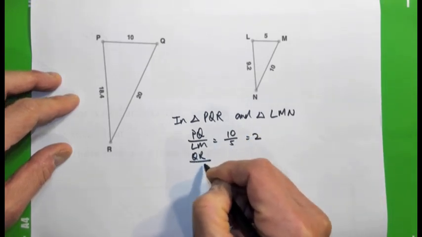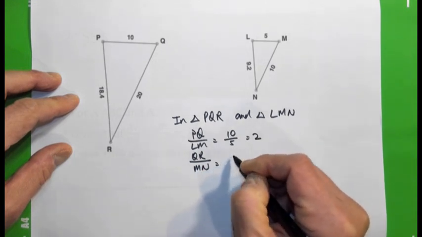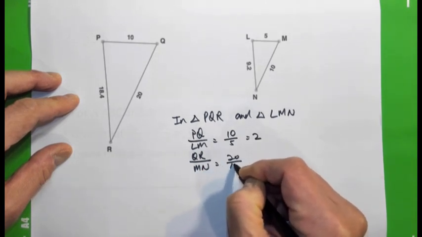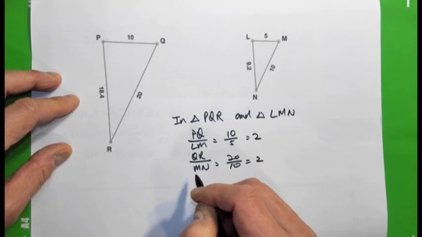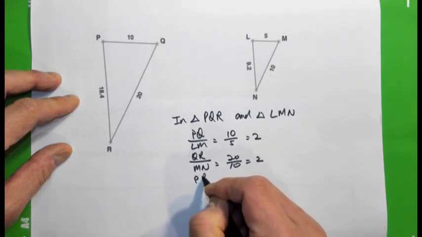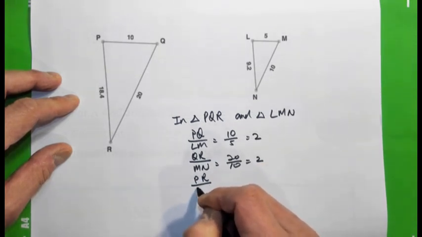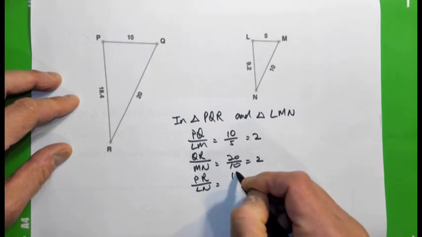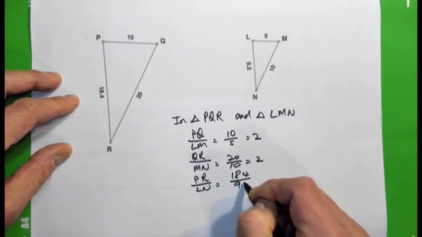QR over MN is 20 over 10, which is 2. And PR over LN is 18.4 over 9.2, which is 2.